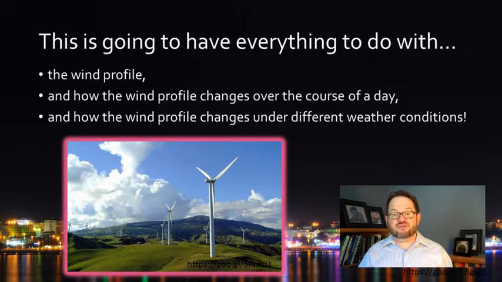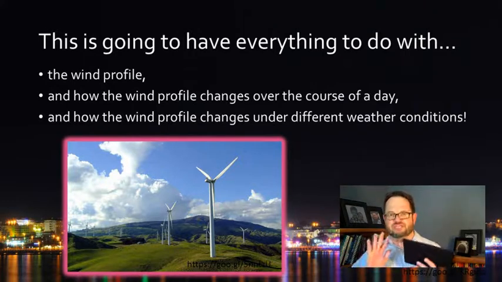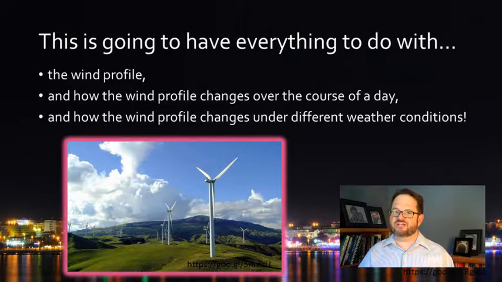This is going to have everything to do with the wind profile, how the wind profile changes over the course of the day, and how it changes over different weather conditions, all of which is fundamental to the amount of wind that a wind turbine is able to harvest energy from. All right, this is going to be a cool module.